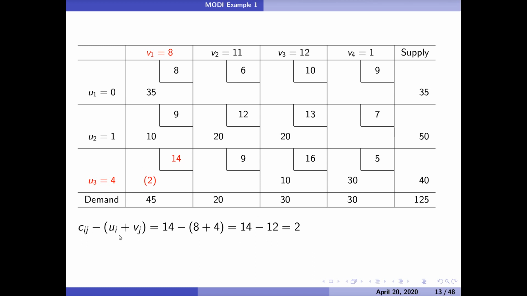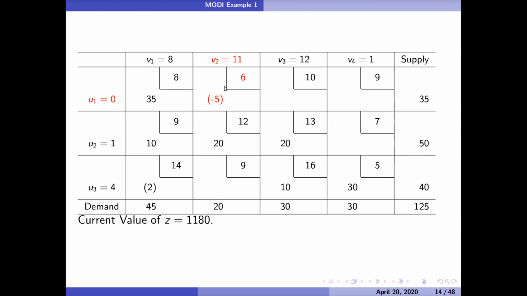That's the Cij minus the sum of ui plus vj, and so that's 14 minus 8 plus 4, so that's 14 minus 12 is 2. If we come up here, what's this value going to be? 6 minus 11 is minus 5. Down here, 9 minus 15 is minus 6.